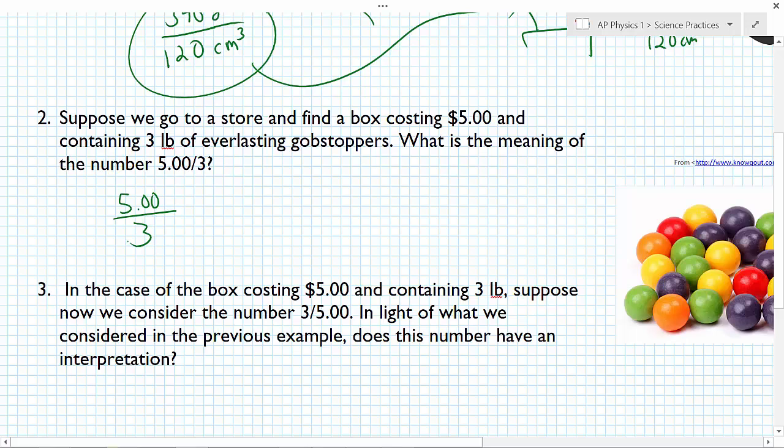Because these numbers have units and they correspond to something, I'm going to put my unit on there so I know what I'm talking about. It's $5, and then the 3 goes with the pounds. So a lot of you may be thinking, what does this number mean? It means that it costs me $5 when I get 3 pounds. That is how much I pay for 3 pounds of Gobstoppers.